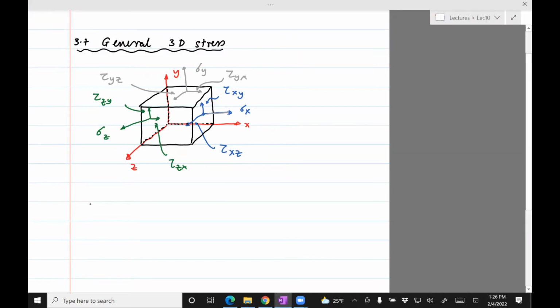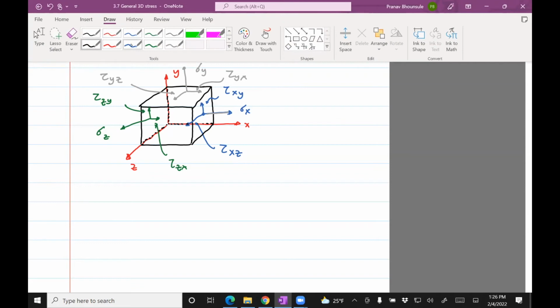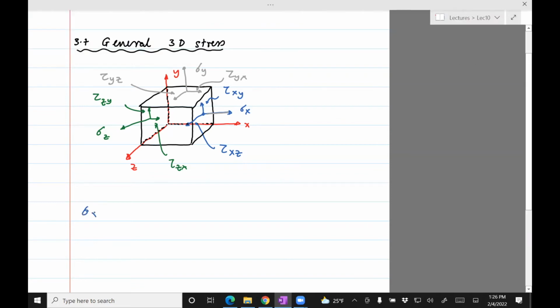First we have sigma x, tau xy, tau xz, sigma z, tau zx, tau zy, then sigma y, tau yx, tau yz.